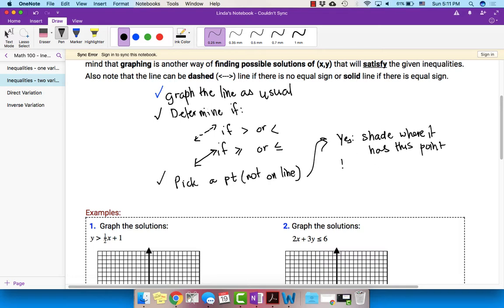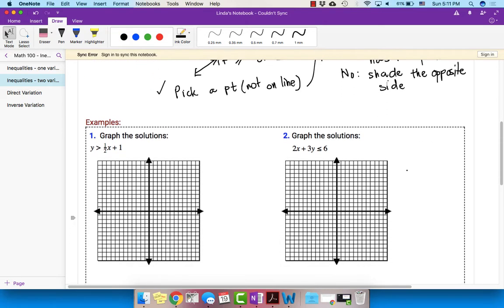If you answer no after you plug it in, then you shade the opposite side. And that will determine the solution to the inequality in two variables.